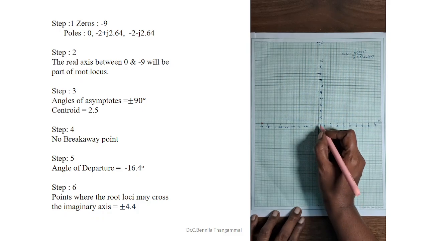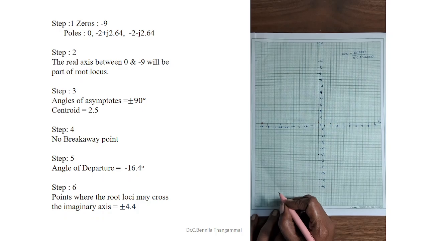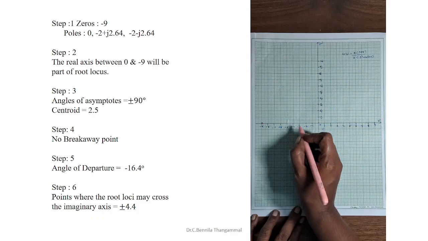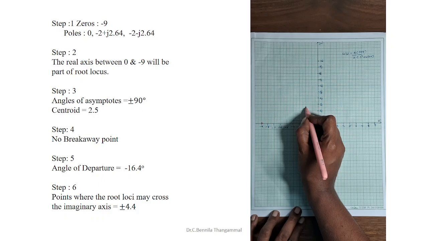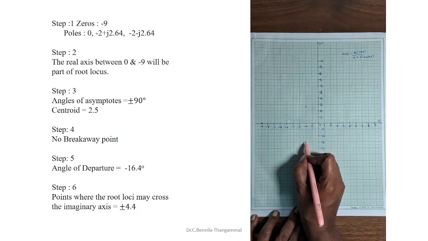The poles are 0, minus 2 plus j2.64, and minus 2 minus j2.64.